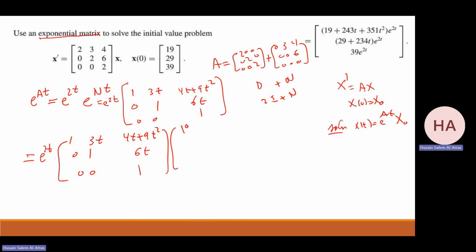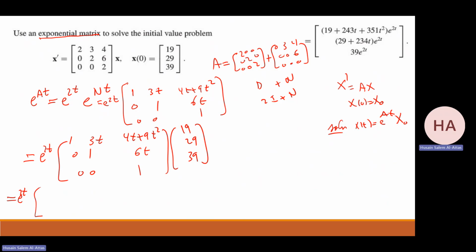I can take e^(2t) as a common factor. The first row times that would be very complicated, so let me write it here.